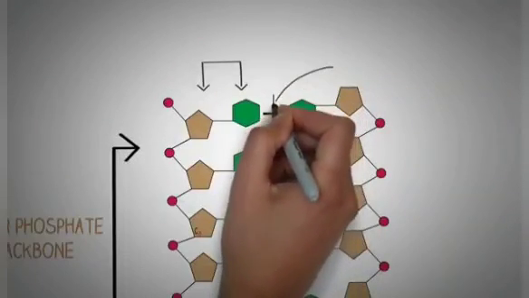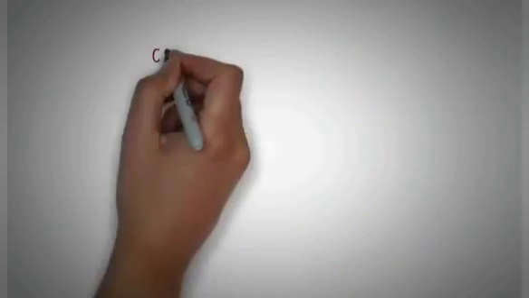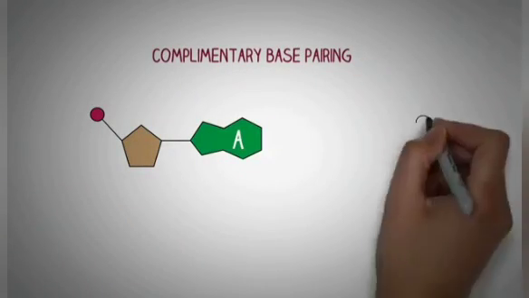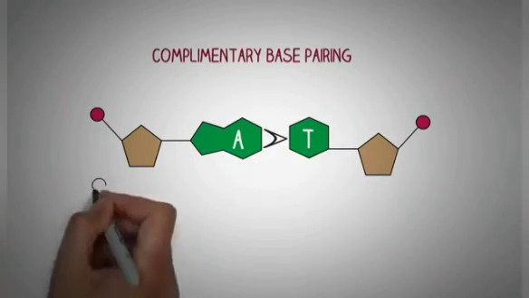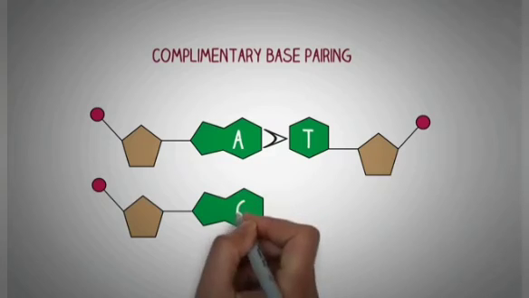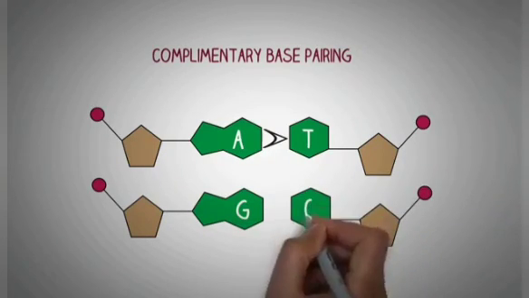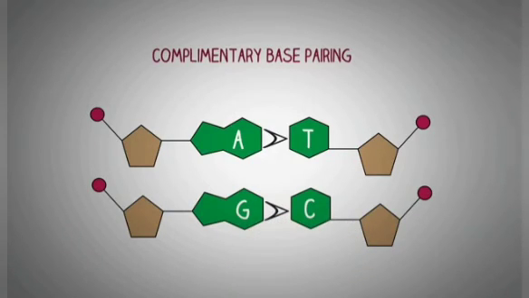Now here comes the role of complementary base pairing. Now what complementary base pairing says is that only adenine forms a hydrogen bond with thymine and only guanine forms a hydrogen bond with cytosine. Now this is the universal rule that is applied in the structure of a DNA.